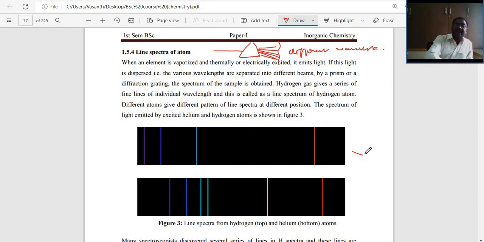If this light is dispersed, the various wavelengths are separated into different beams by a prism or diffraction grating. The spectrum of this sample is a line spectrum.